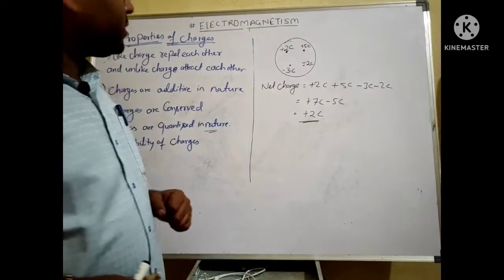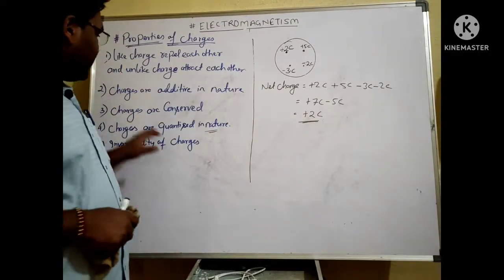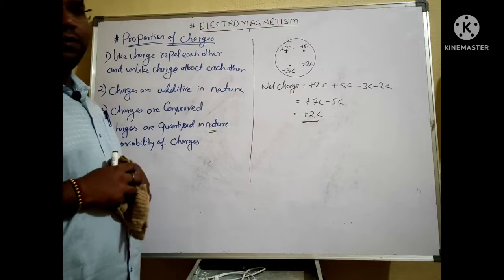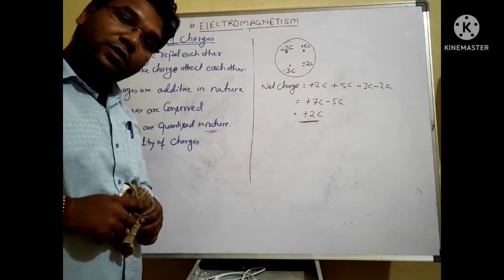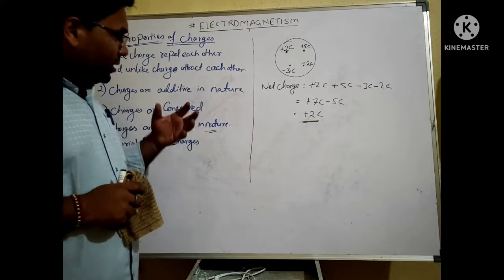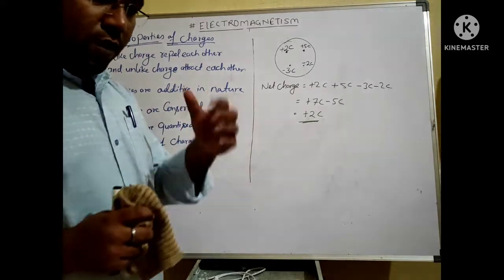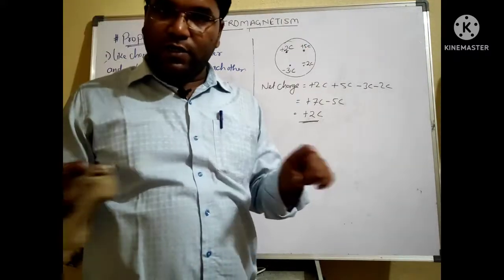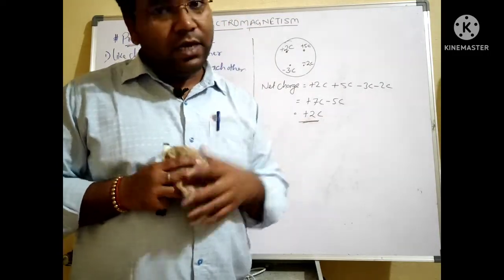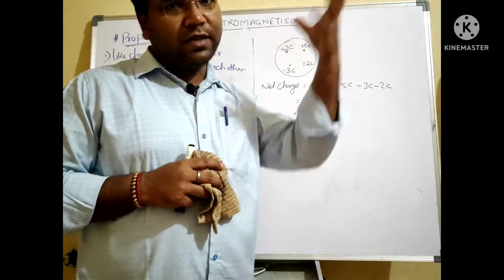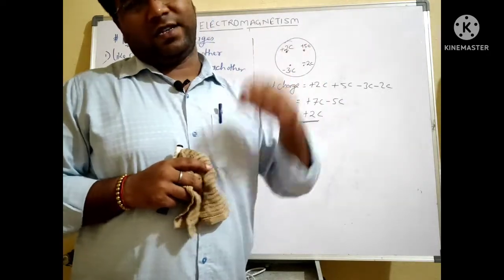Now we are going to see the next point, that is, charges are conserved. What is the meaning of this line? To understand it, we have to consider an isolated system. An isolated system means nothing can leave that system and nothing can enter that system.